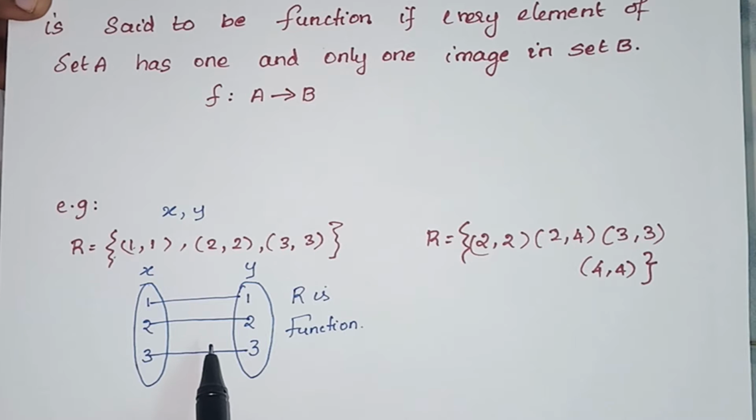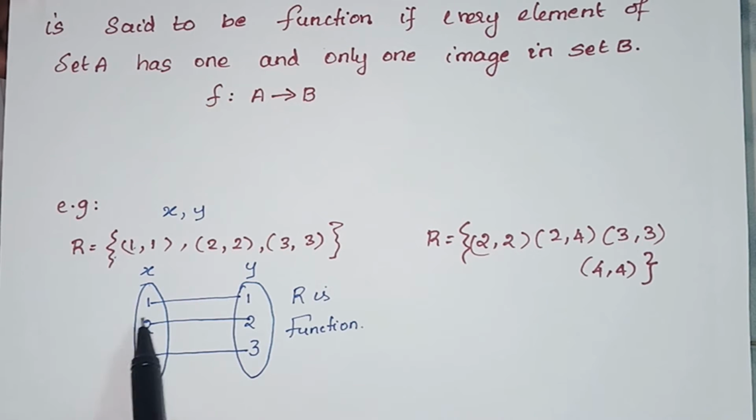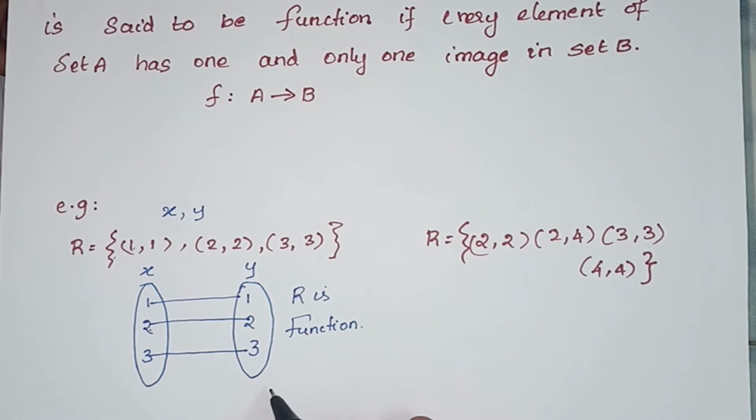Here 2 is the x value, right? So 2 is associated with only one value in y. So every x value is associated with only one y value, that is called a function.